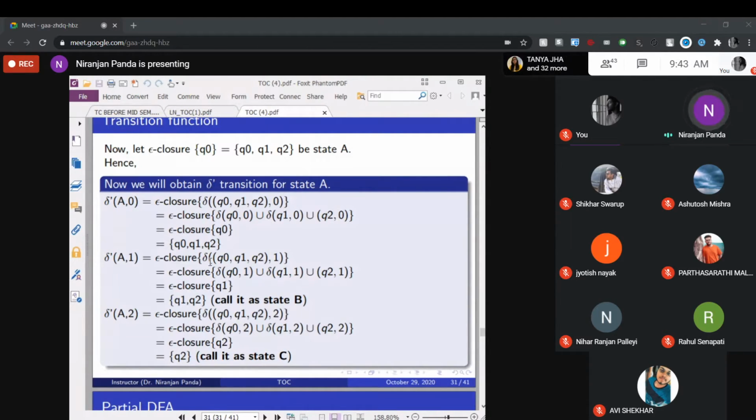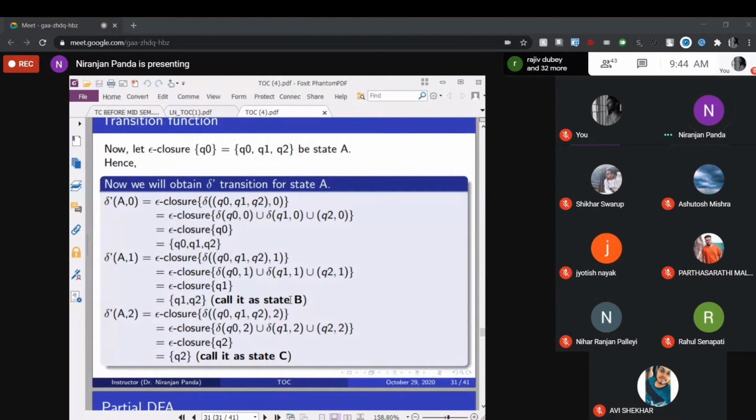Then moving to A with a 1, here the epsilon closure of delta of Q0, Q1, Q2 with a 1. That is Q0 with a 1 is phi, Q1 with a 1 is Q1, and Q2 with a 1 is phi. That means I am getting Q1 and its epsilon closure is Q1, Q2. And now I am getting a new element. You can see I had a previous element Q0, Q1, Q2, and now I am getting Q1, Q2.